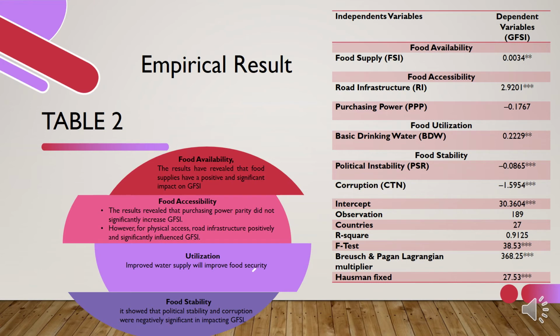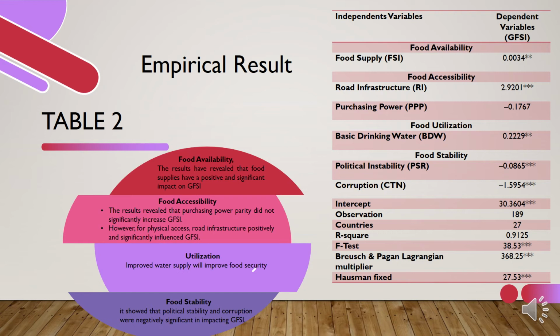in GFSI. However, the purchasing power parity, which is the measurement of economic access, is not significant. Maybe there are other factors that affect the purchasing power parity. So it gives no significant impact to the GFSI.